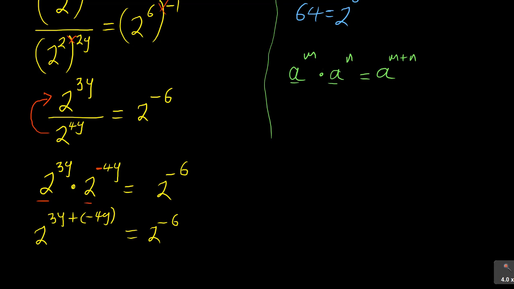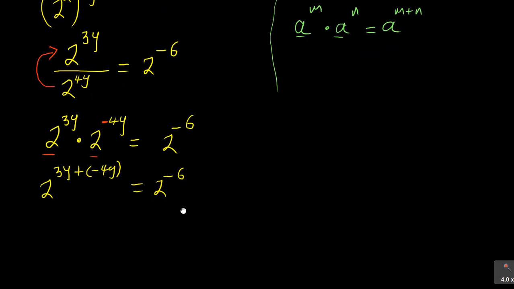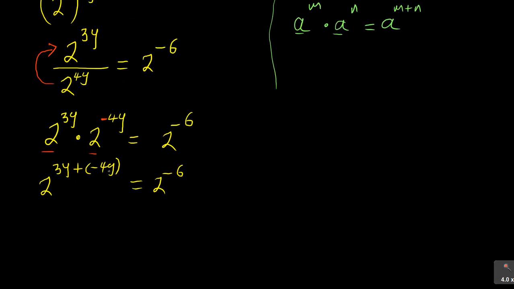So this is simply saying 3y minus 4y. If you know your algebra, 3y minus 4y is the same as saying -1y, because it's 3 minus 4, which is equal to 2 to the power -6.